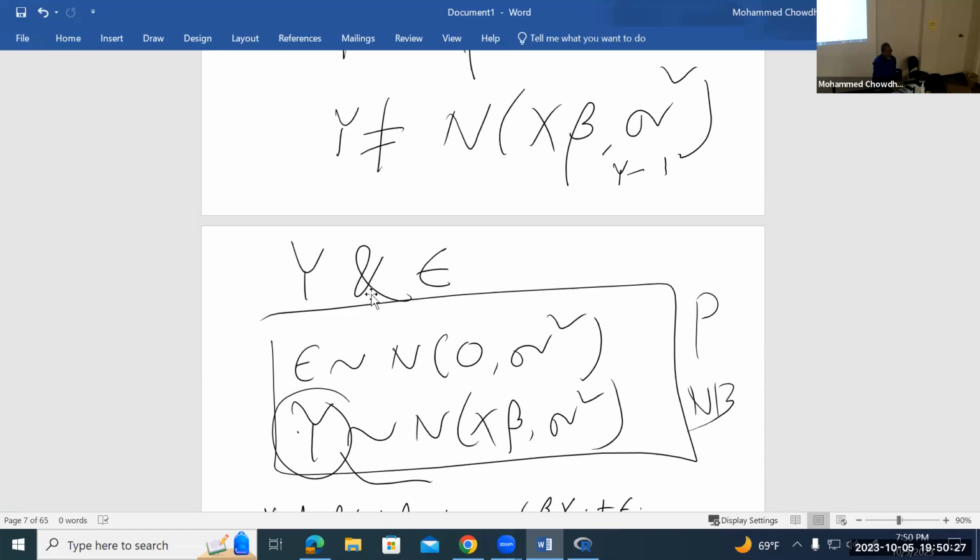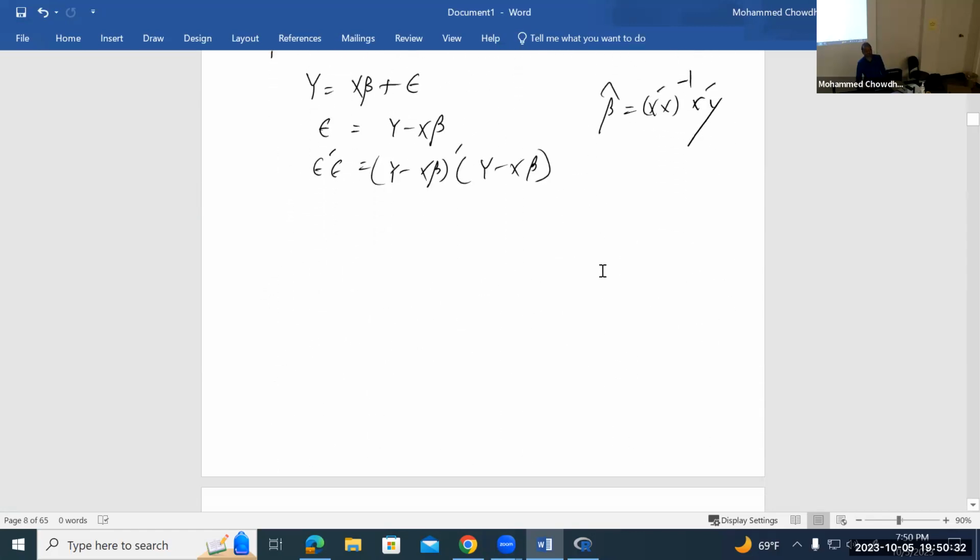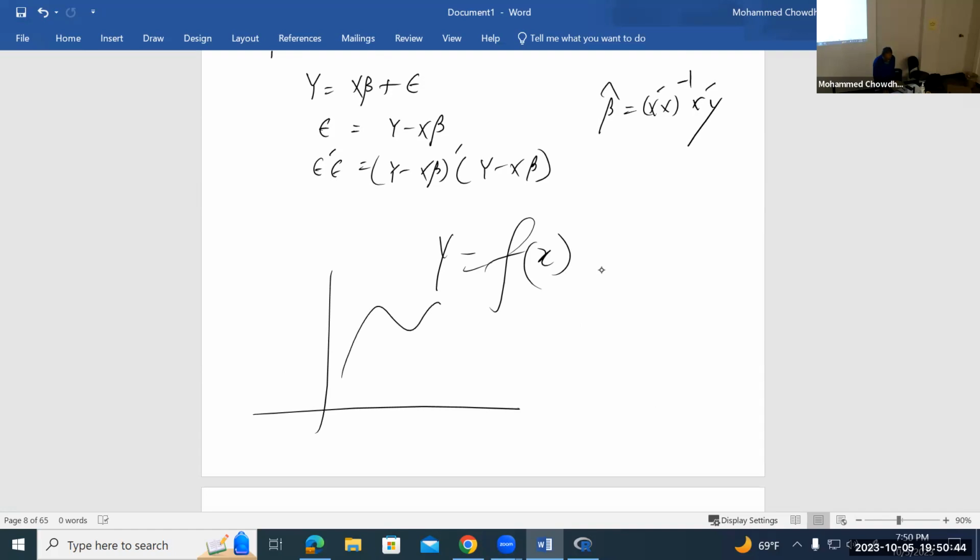In parametric regression, you know the form of the parameter, right? But in non-parametric regression, you do not know y equals f(x). You are given x and y, and then you want to fit like this. This is called non-parametric regression, which you are going to learn in the 9th week.